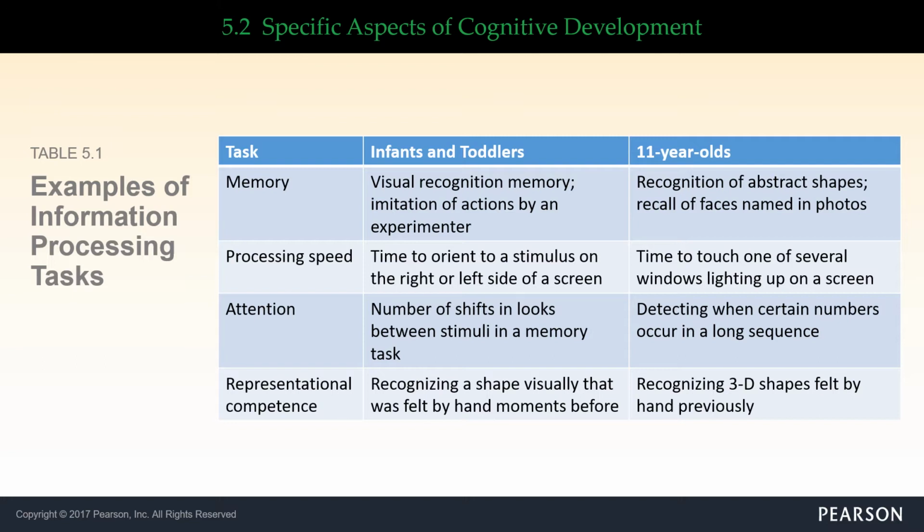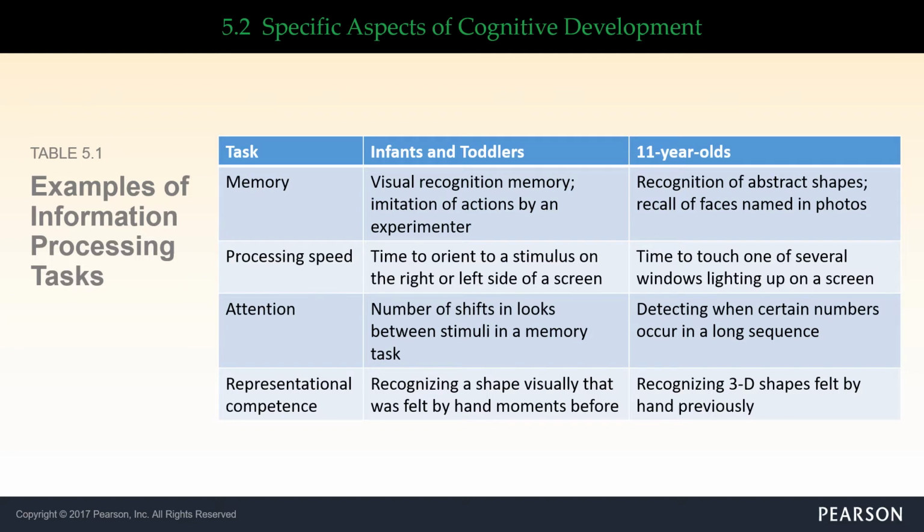sophisticated tasks. For attention, for infants and toddlers, it's the number of shifts in looks between stimuli in a memory task. And so that can determine dishabituation or habituation. And then for 11-year-olds, detecting when certain numbers occur in a long sequence.